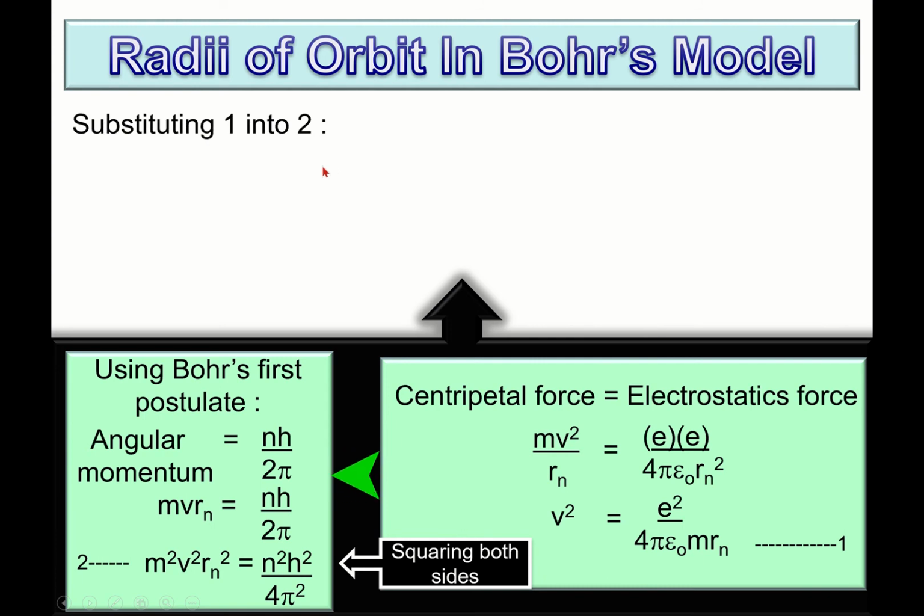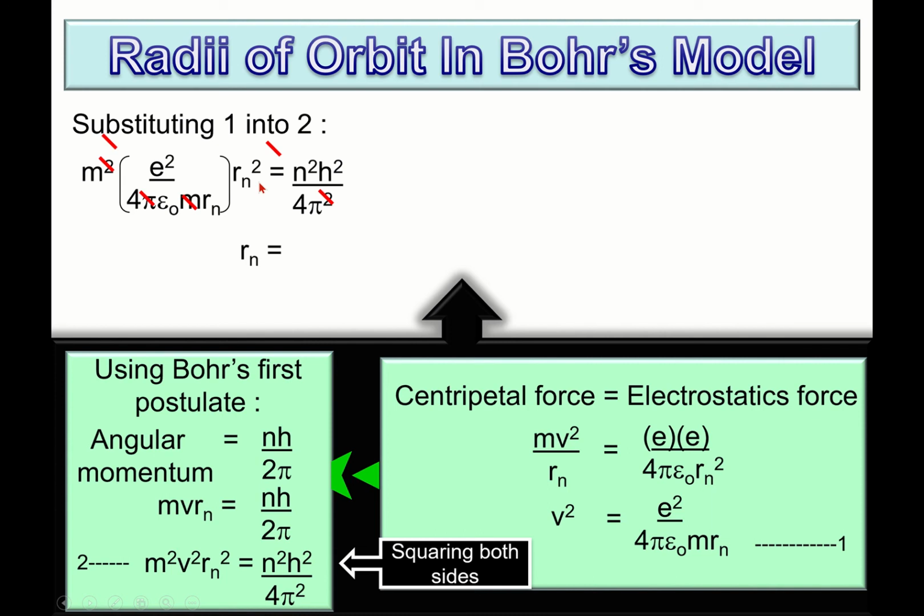Next, we use simultaneous equations, substituting equation 1 into equation 2. So the v squared here is e squared per 4 pi epsilon naught m r_n. Then we cancel one of the m, one of the pi, the 4, and also one of the r.